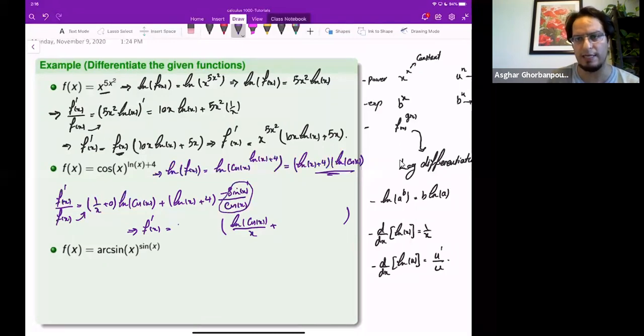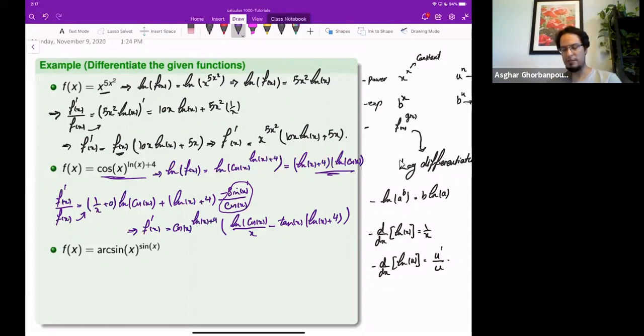Sine x over cosine x is tan x, and there is a minus sign. I'll write the minus sign there. Minus tan x times ln x plus 4. And the f x that you multiplied there, I will just put the formula for f x and save some time for us.